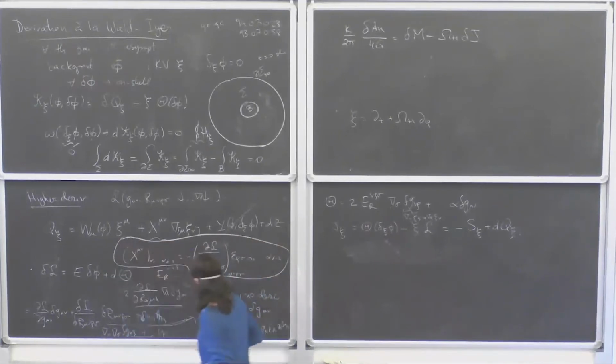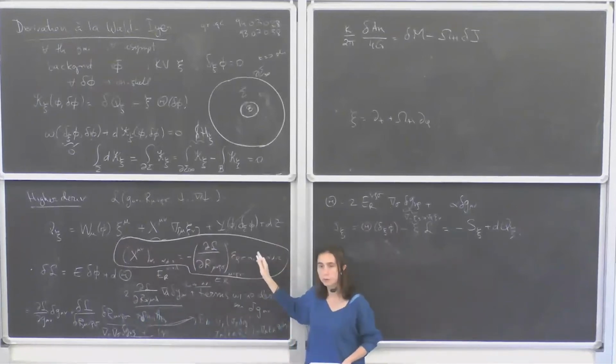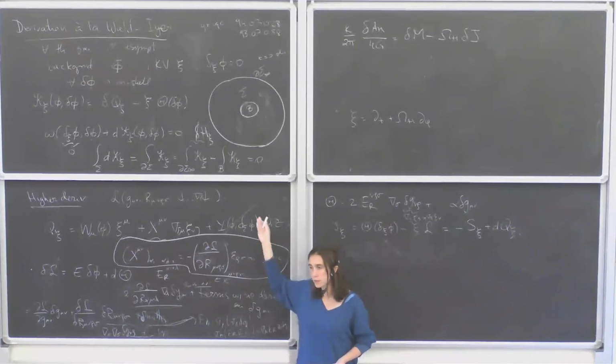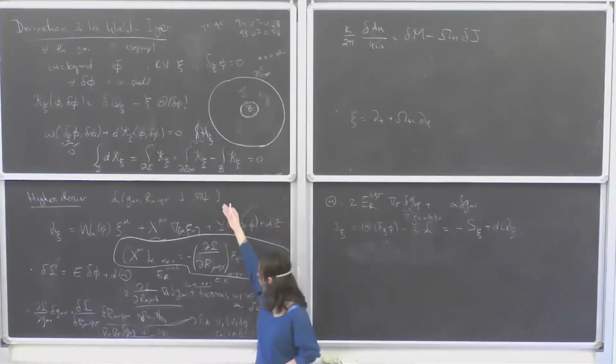Again, I was just sketching the steps, but I hope it's clear how they get this. It's a very painful calculation, and you have to keep track of about a zillion indices. But at the end of the day, this is the main idea.